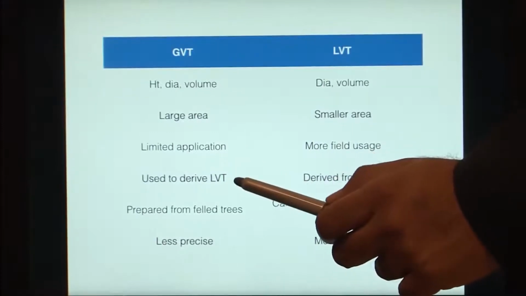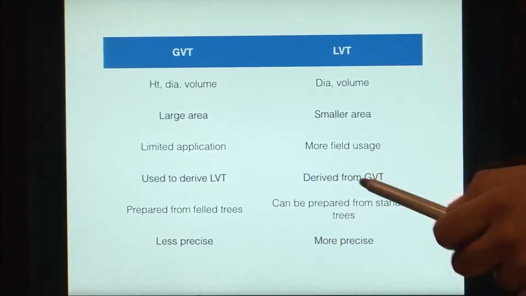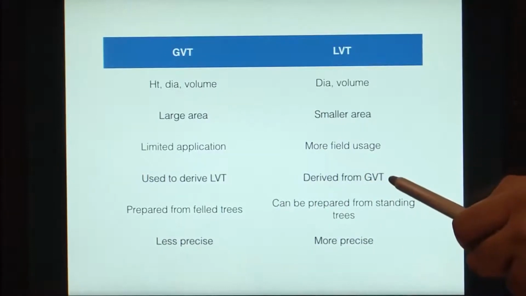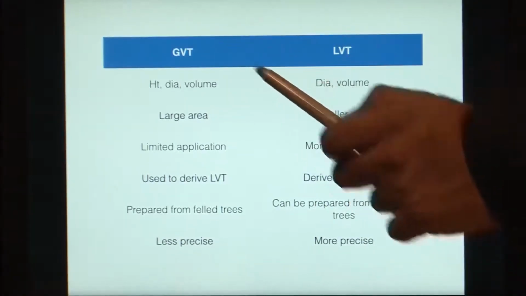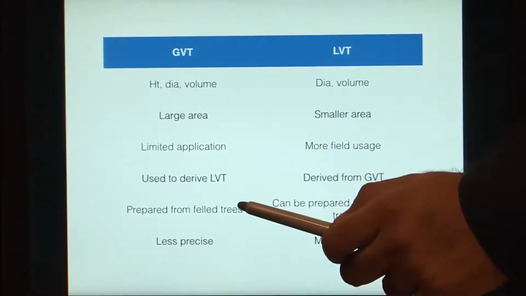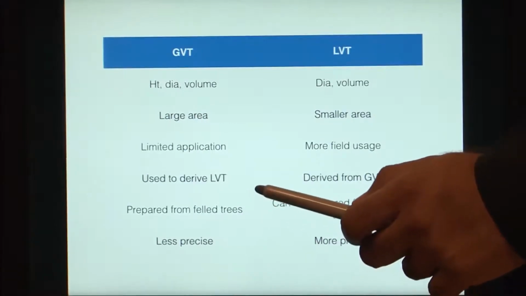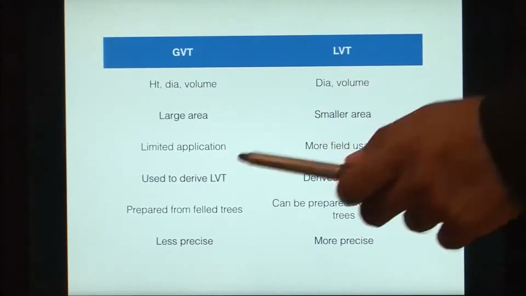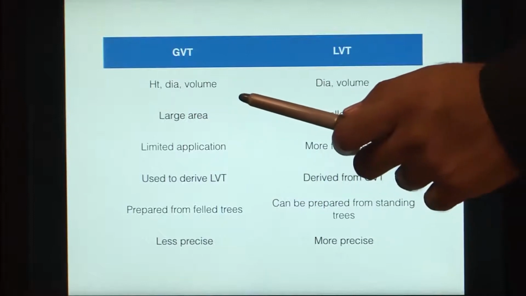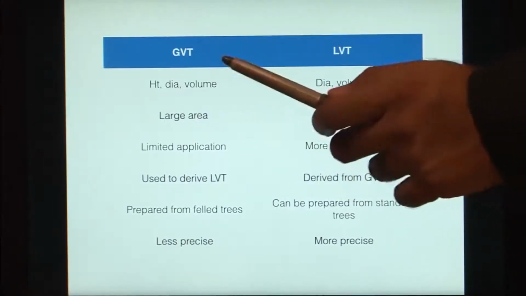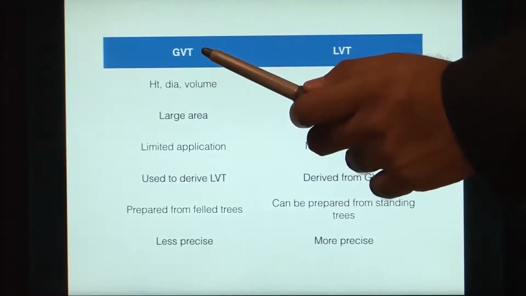The local volume table is derived from the general volume table. Your general volume table is prepared from felled trees, because once you have cut your trees, you measure all the variables that you can find out, and then measure the volume with all the sections to get your general volume table.